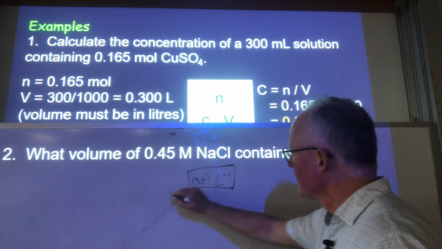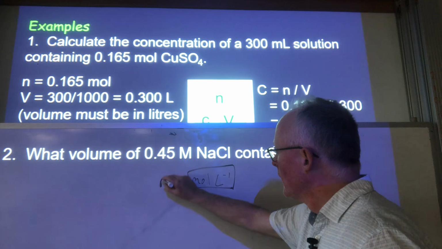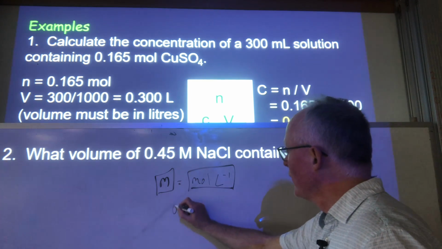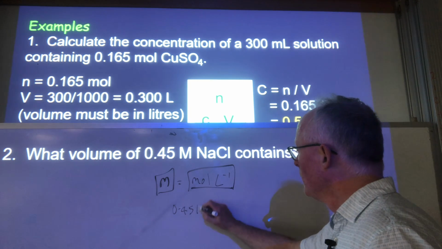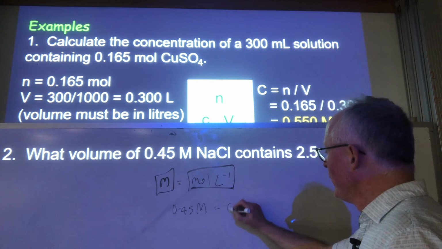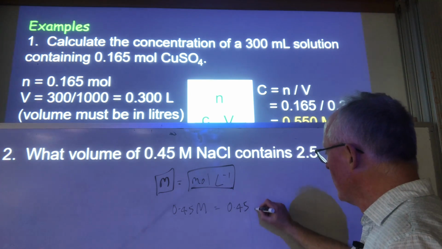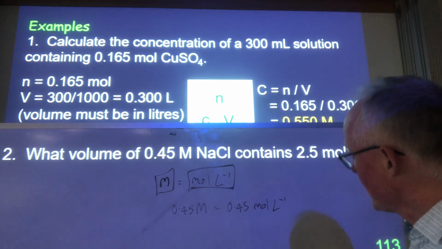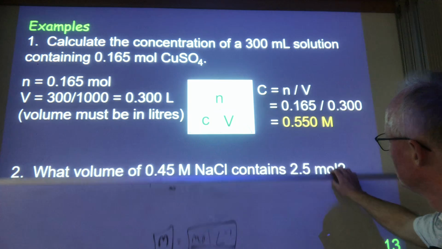So either is correct. You could use that as the unit or that as a unit. So 0.45 molar equals 0.45 moles per litre. They mean exact same thing.